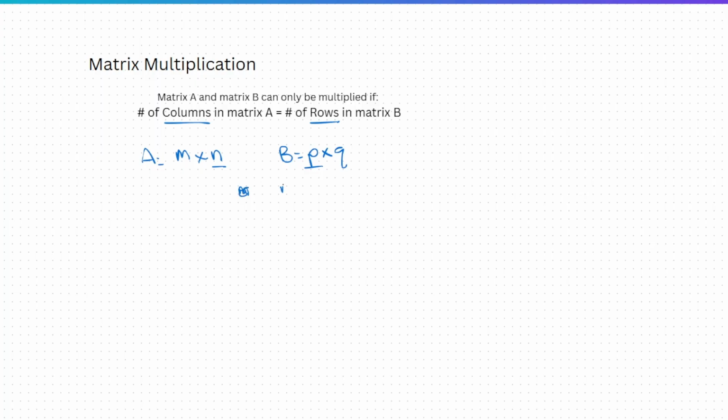So n has to equal p. And that matrix will have the rows of A, so m, and the columns of B, so q.